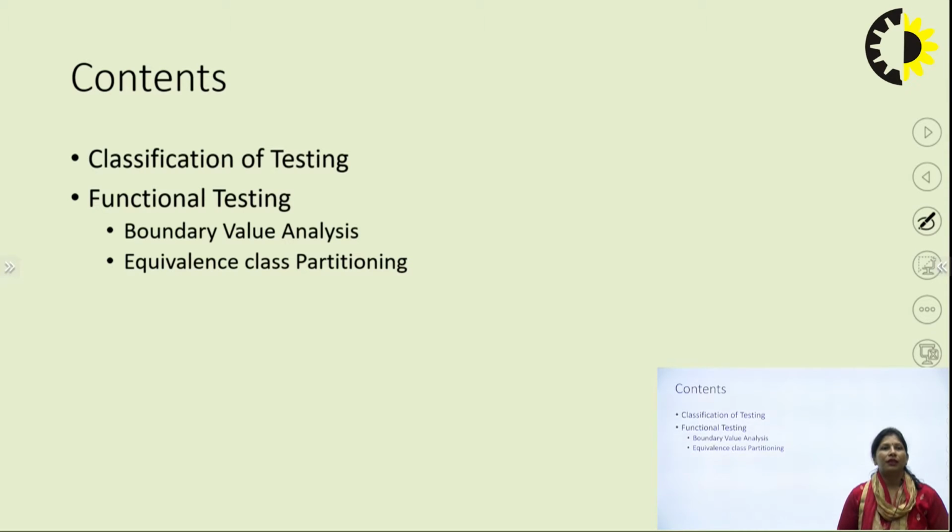Before going into the detail of classification and functional testing, let us discuss what software testing is.